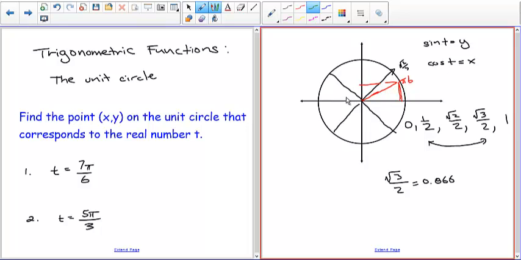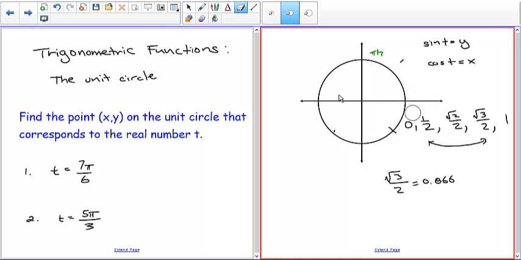Likewise, if you go up here to pi over 3, which is right there, and go over to this axis, that's very close to 1. I didn't draw that quite right, but it's obvious which one's really close to 1 and which one's more in the middle between 0 and 1. Okay, so we're going to use that to help us figure these things out.